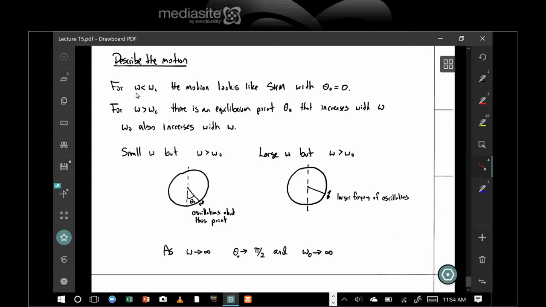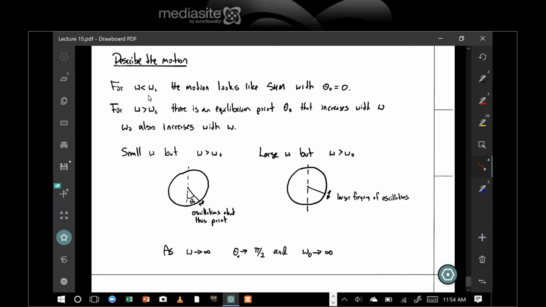Now we can rewrite that expression a little more succinctly. Remember, cosine of the equilibrium position is equal to omega c squared divided by omega squared. I can write a little right triangle here that gives me sine, just using this expression. Sorry, there should be a theta naught there.